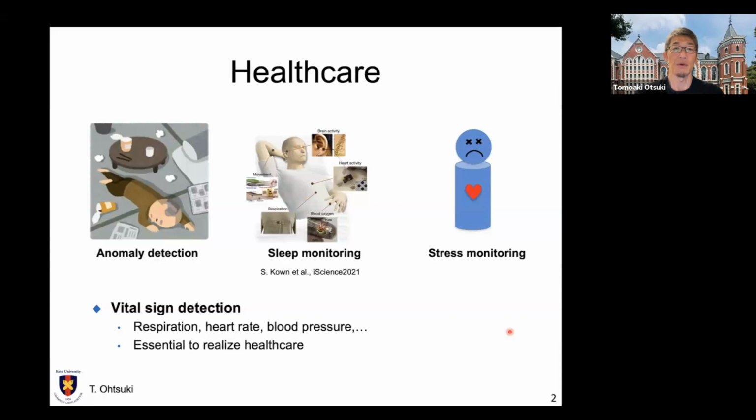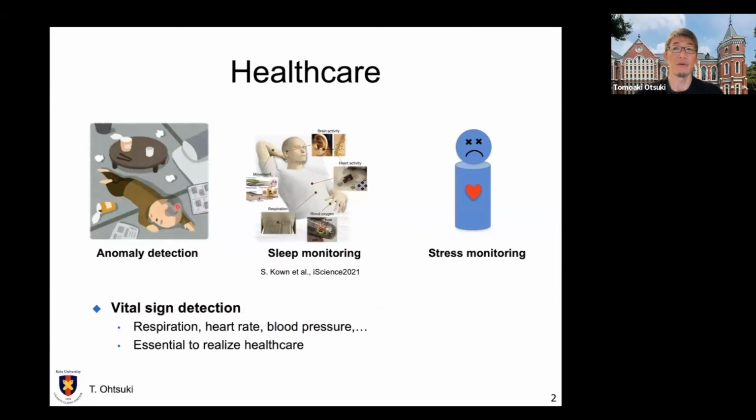particularly elderly people, and also people who have some health issues. There are various aspects in healthcare, like anomaly detection, sleep monitoring, and stress monitoring.